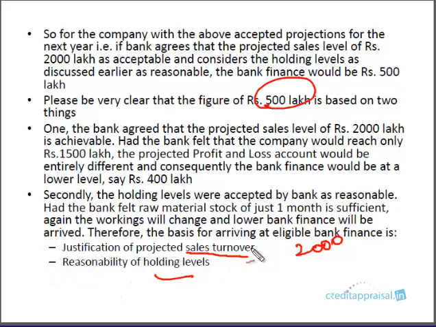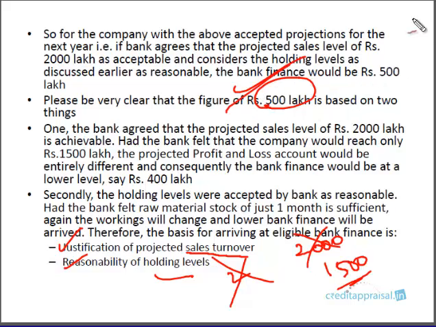If you change either one of these two, either the turnover is not achievable, let us say as a banker you feel that the company might achieve only 15 crores, not 20 crores, or if you don't agree with the assumptions of the holding levels, like raw material of 2 months or something, if you have different assumptions, then the result is going to change.